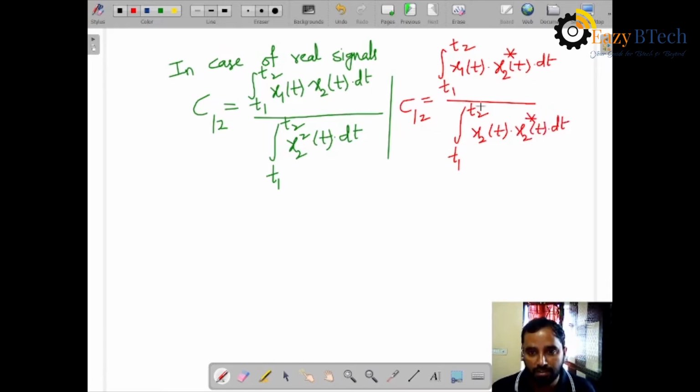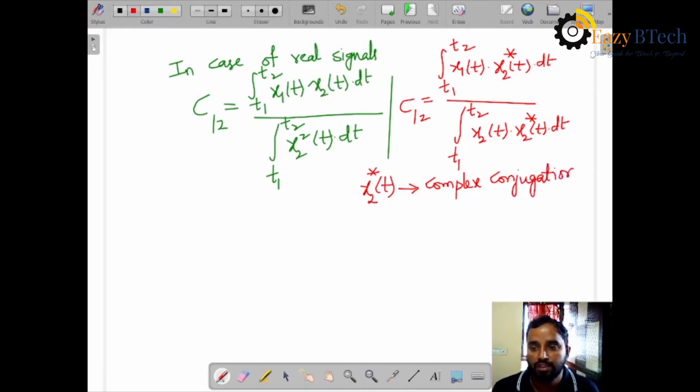So in the C12 formula, for the second signal we have x2 star of t. What is x2 star of t? It is the complex conjugate of x2 of t. Here we can also take the complex conjugate for x1 also.